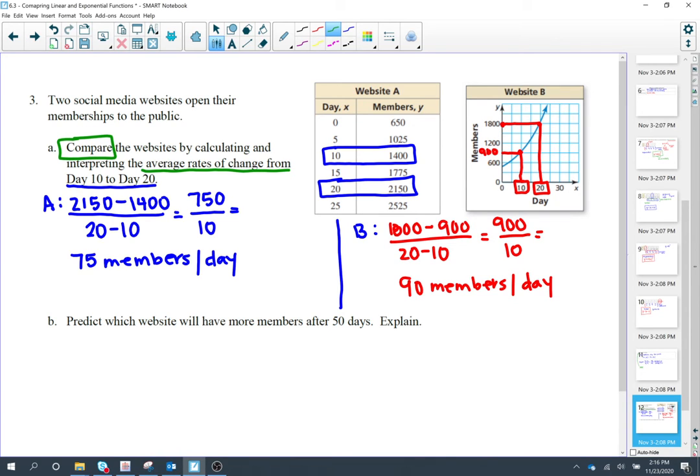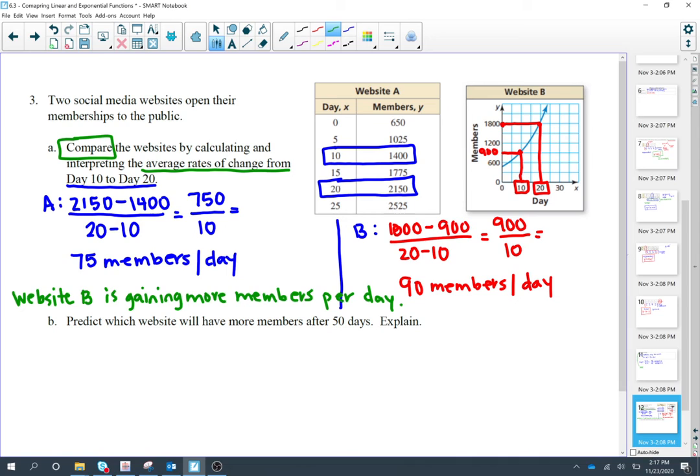The other key here is that it says compare. I found the average rate of change for A and for B. So what's going on? I'd probably say something like this: website B is gaining more members per day.